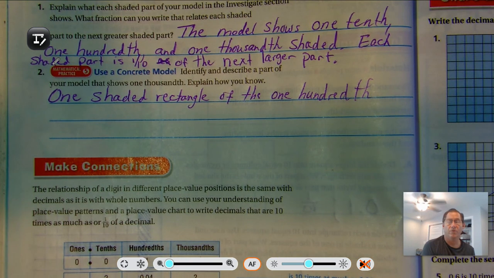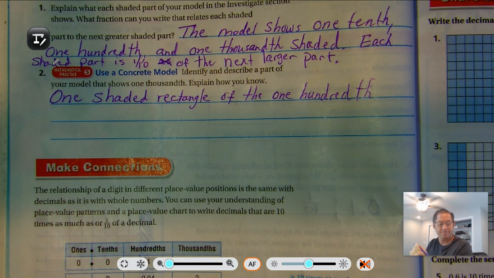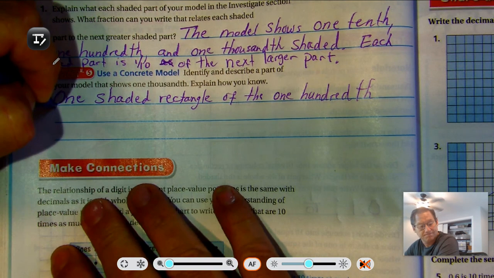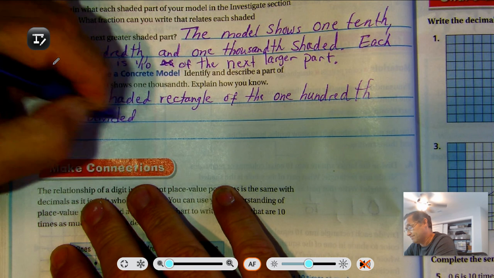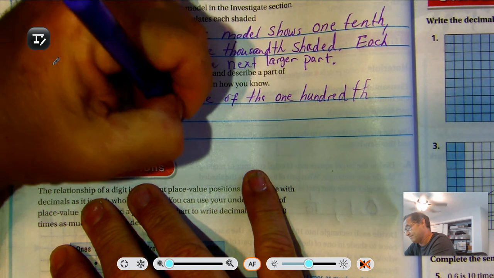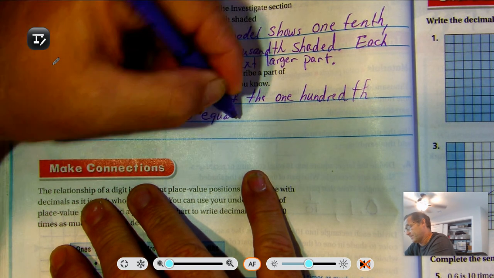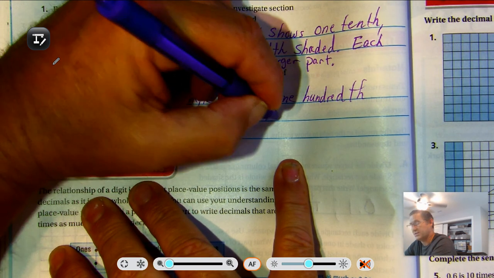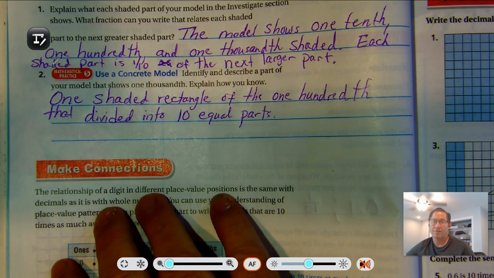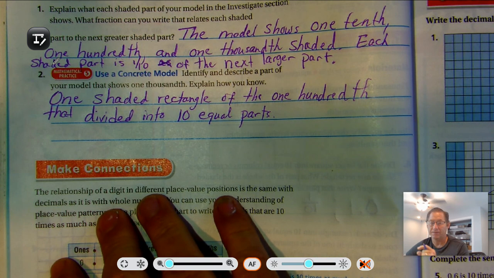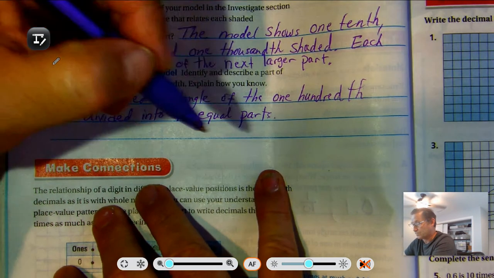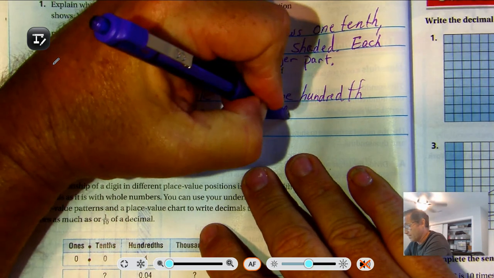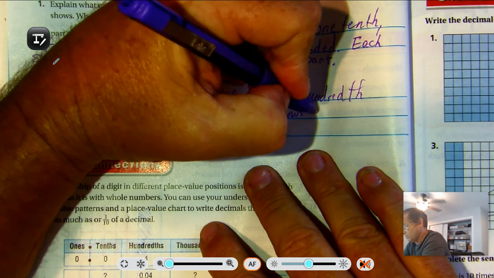That is divided into 10 equal parts. In other words, the expanded square, right? Our last step that we took was dividing each of the little squares into 10 equal parts. That gave us thousandths. So that one shows 1,000th.